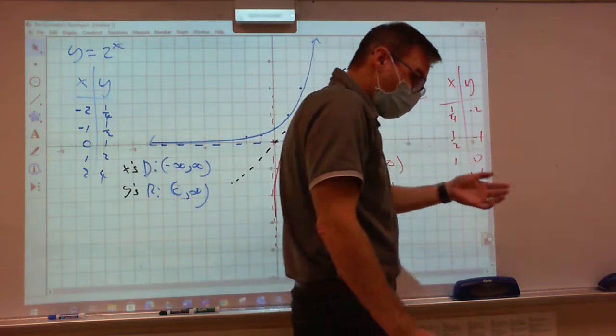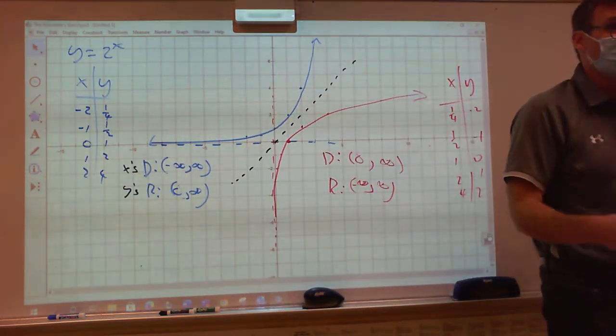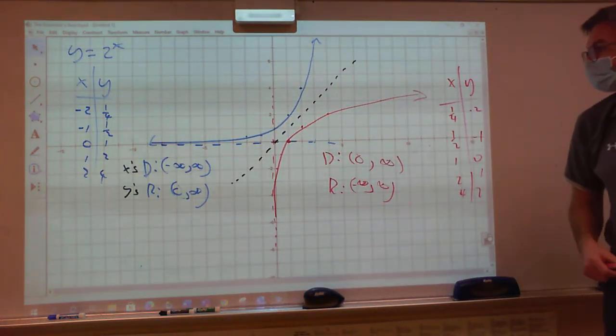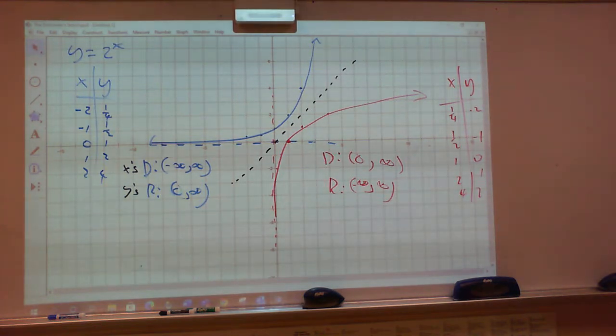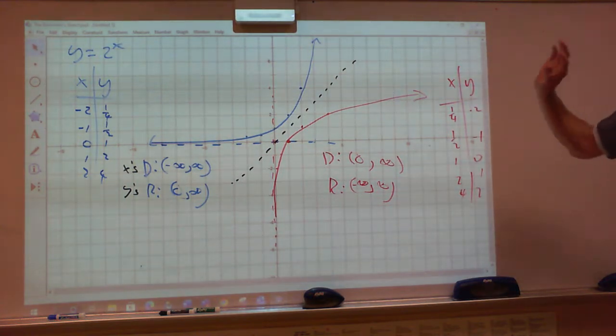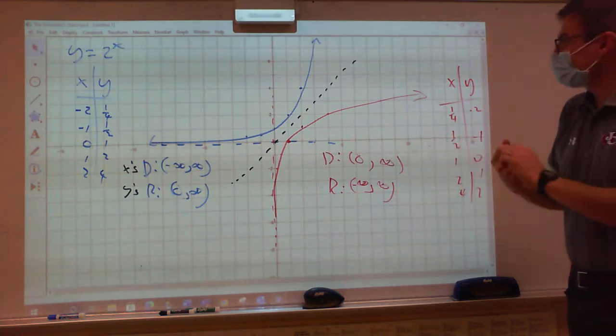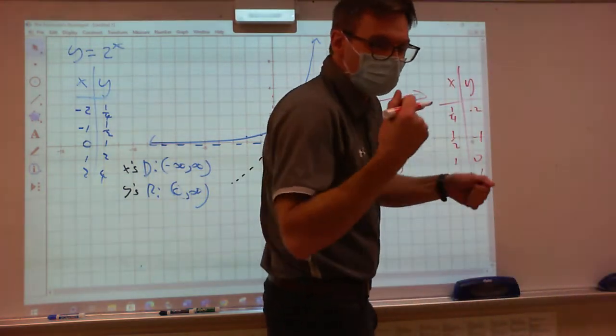Well, we can't just keep calling it the red graph. We need to name it. I thought about naming it Bob, but that doesn't seem very math-like. You have to name something a little more precise than random names. The way we're going to name this graph is, it's got a special name.